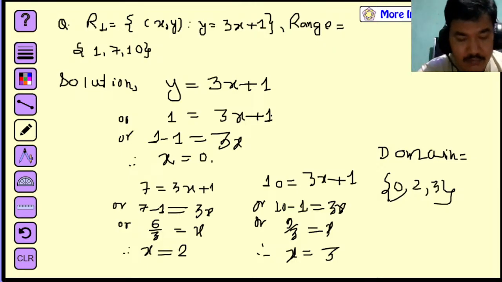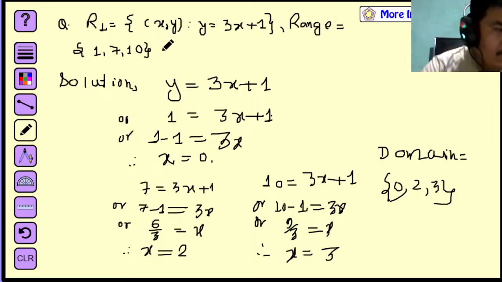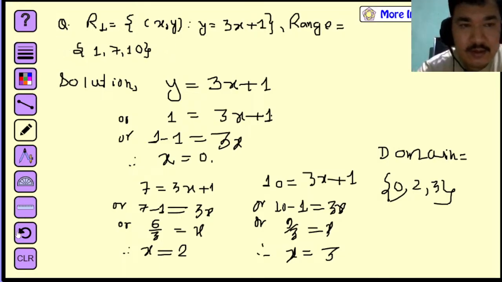See here, children. Now I want to go for the next topic, that is representation of relation. How to show the relation, I want to show you here.